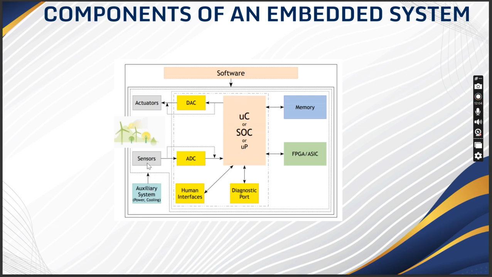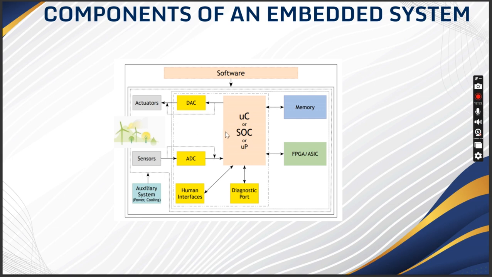Okay, these are the inputs: sensors and the analog to digital converter. These are the input devices. Sensors collect real world data, like temperature, which is in analog form. In order to convert it into digital form, we use the analog to digital converter.